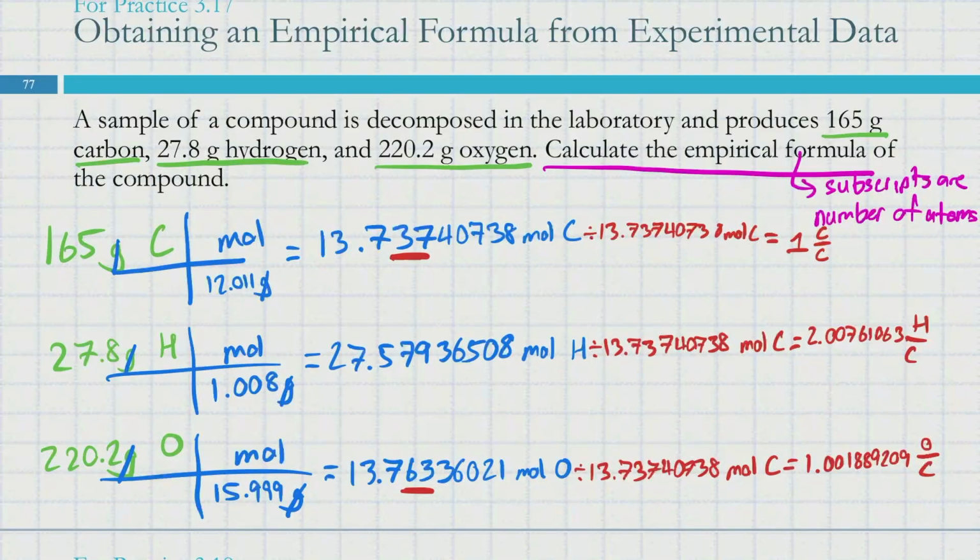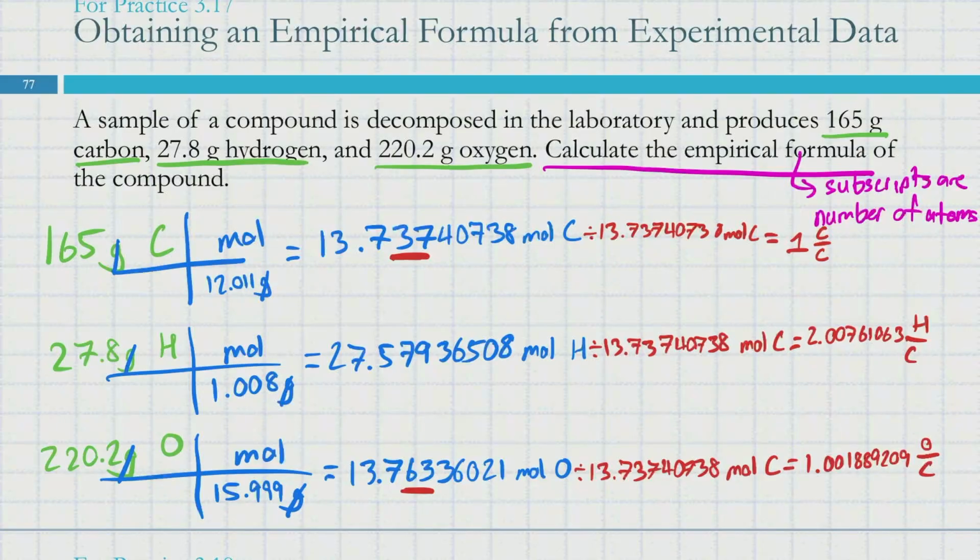Now we have to ask ourselves, are these numbers close enough to whole numbers that we can just round them? Yes, definitely, absolutely, 100%. Round them. So all these numbers we're going to round. The 2, we've got 2 zeros after it, we'll round that to 2. The 1.001 got a couple of zeros, that's basically 1.